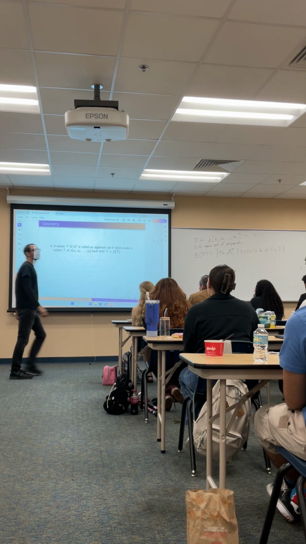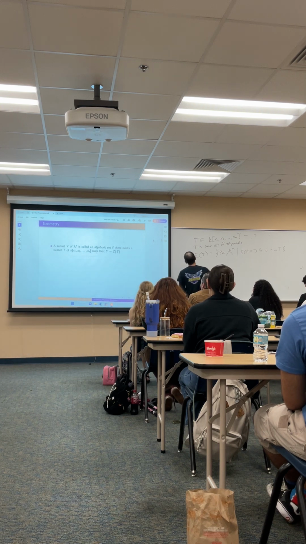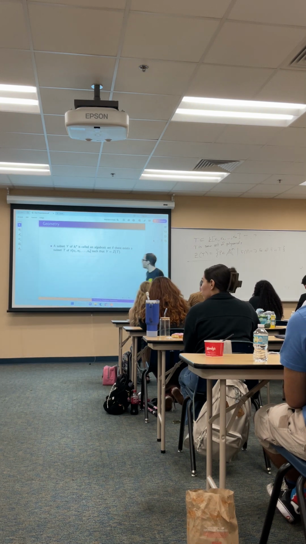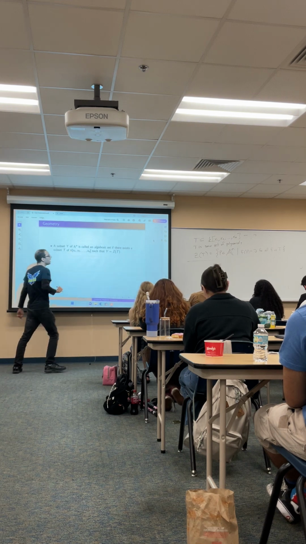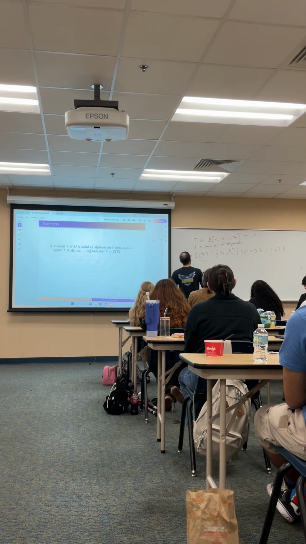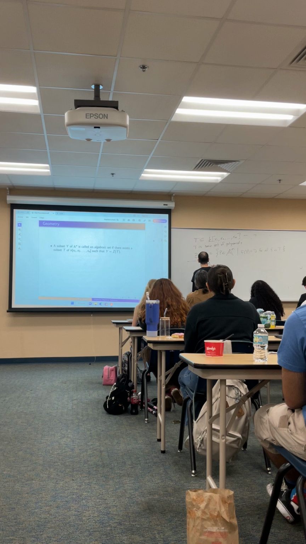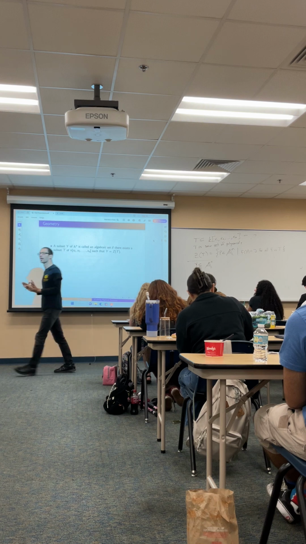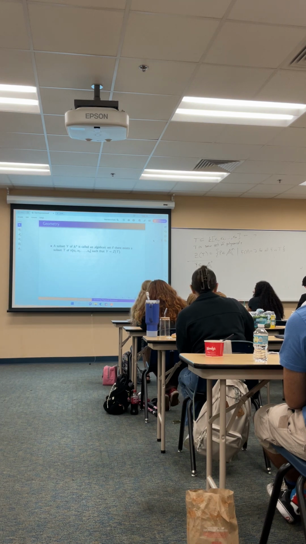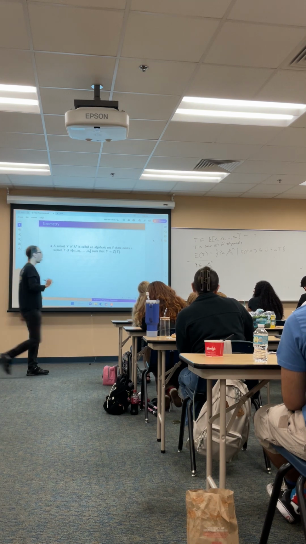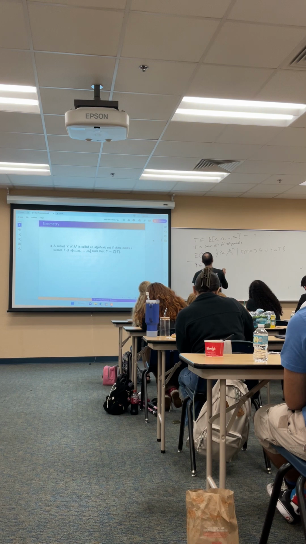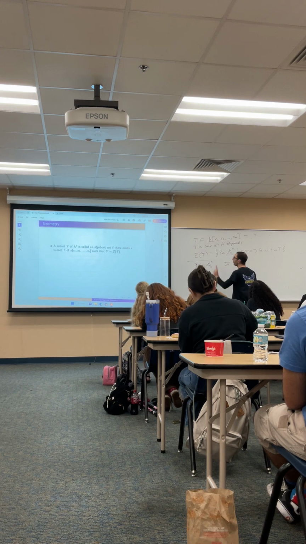Okay, more definitions. If I have a subset of affine space, so Y is some collection of points in your space, you call Y an algebraic set if Y is the zero set of some set of polynomials.